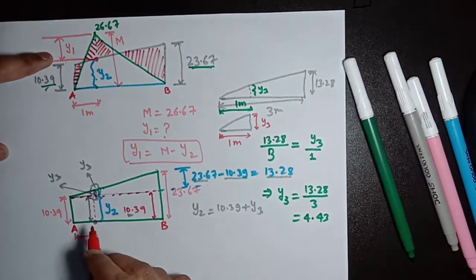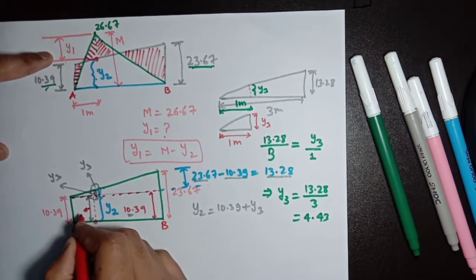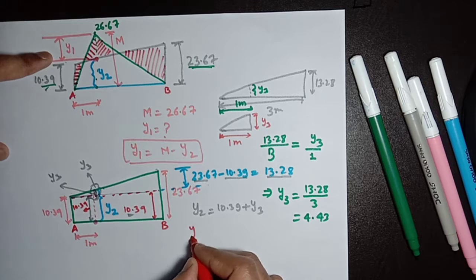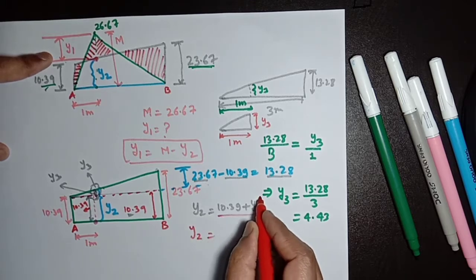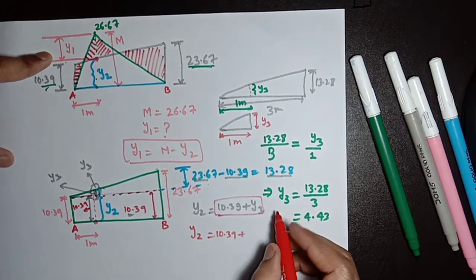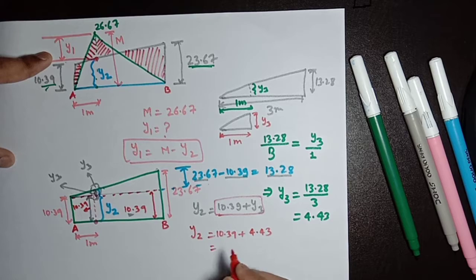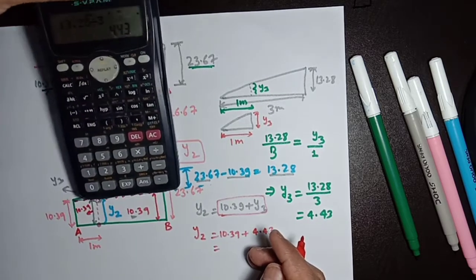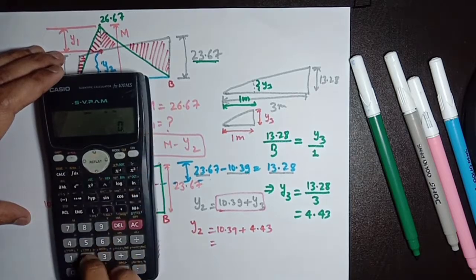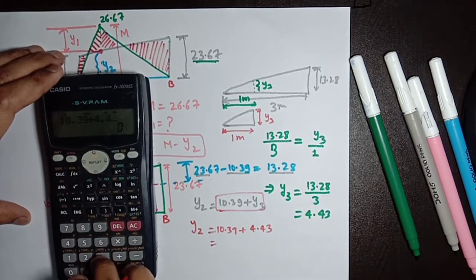Now we are done with the calculation of y3. We know this value is 10.39. So y2 will be, from this expression, 10.39 plus the y3 value 4.43.